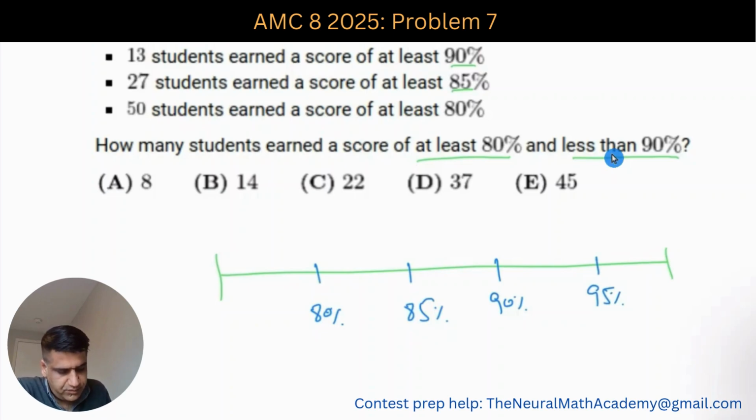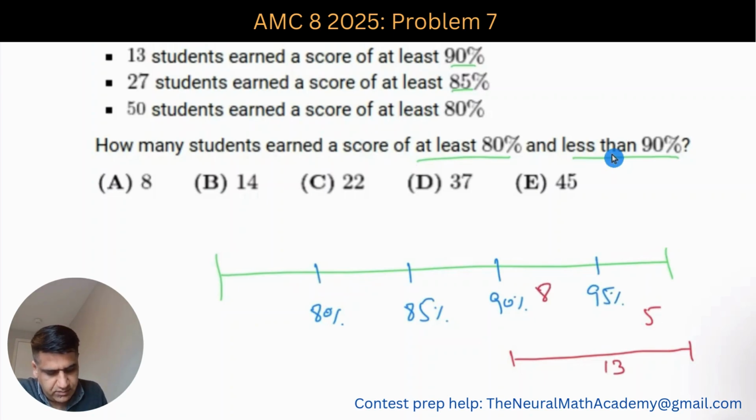So now if you see, we are given that there are 5 students who earned a score of at least 95%. So there are 5 students for that. 13 students earned at least 90. So in this region, we have 13 students, and then there will be 8 here.